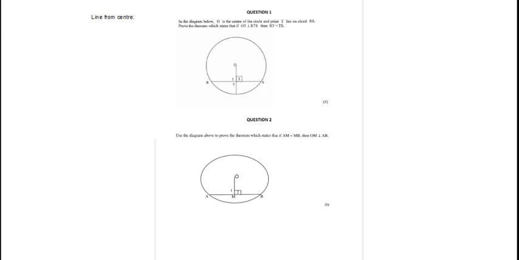Line from center: the first condition is that if you have a line from the center that is perpendicular to a chord, then it bisects the chord.